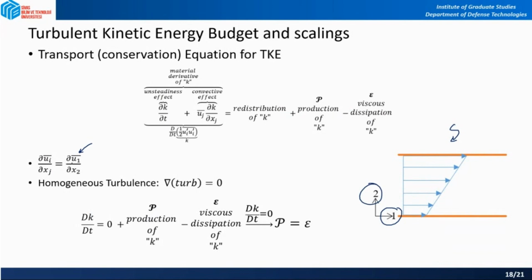So only u1 is changing, and it is changing only along x2. To a first order approximation, assume that turbulence is homogeneous, meaning that whatever spatial gradient we have regarding turbulence in equations will be 0. So the gradient of anything in turbulence is equal to 0.